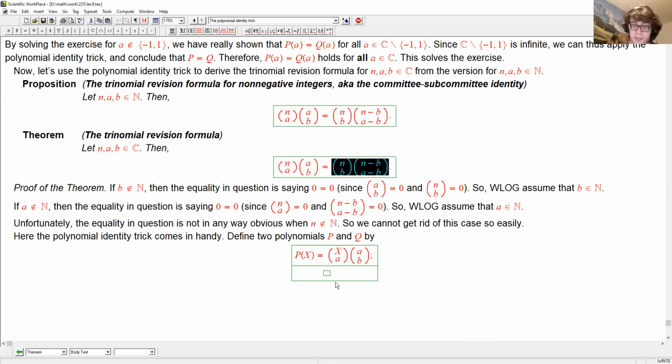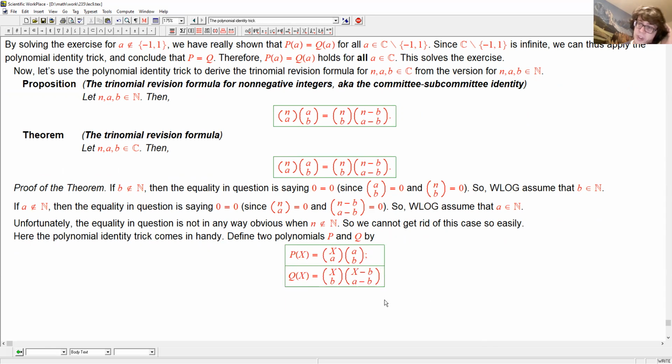Q of x is the right-hand side. Why are these polynomials? What does this even mean? We have never so far substituted an indeterminate into this binomial coefficient. We have substituted variables, integers or numbers, but they have always been numbers. x is just this formal symbol. What does this even mean?